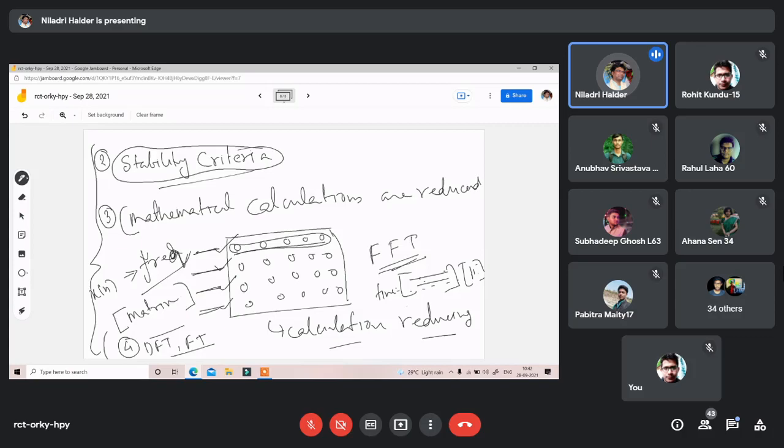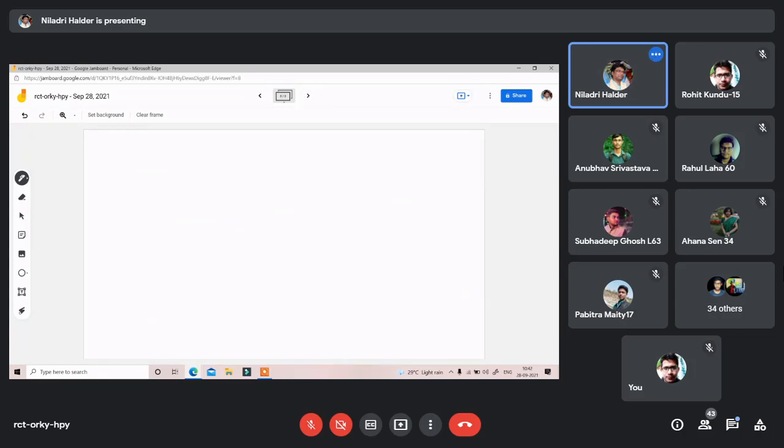Now come to the basics of Z transform. Whenever you calculate Z transform, one very important term will come into consideration, that is the ROC, called the region of convergence.